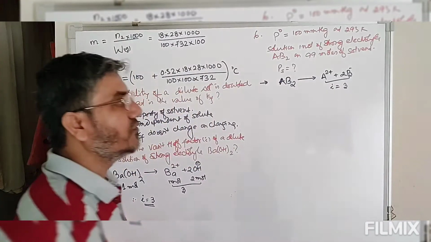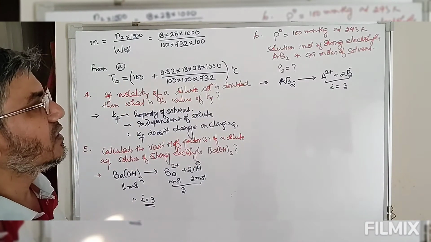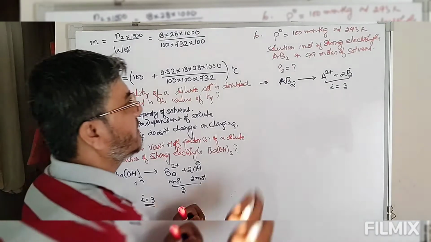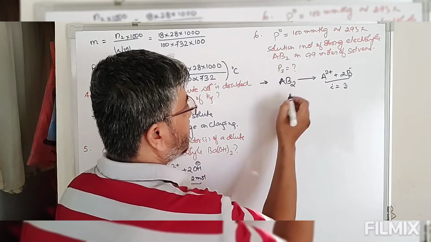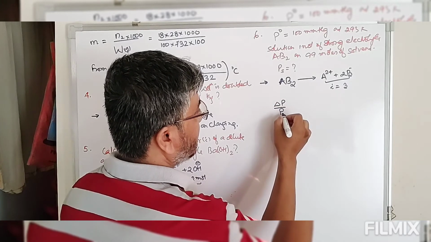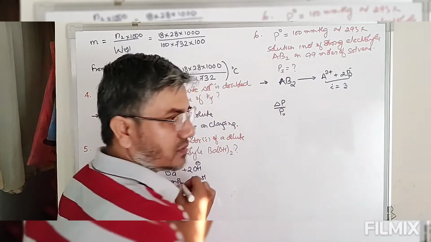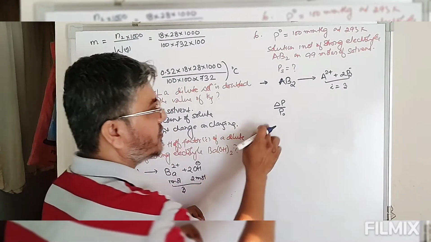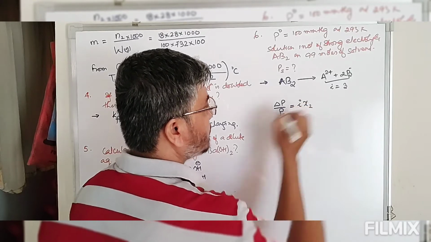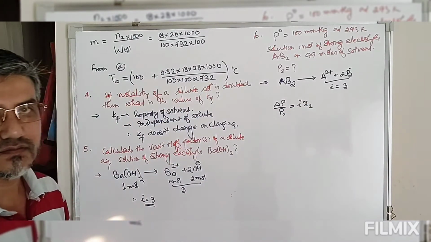Now we can say delta P by P naught, the relative lowering of vapor pressure, equals I times mole fraction of solute.